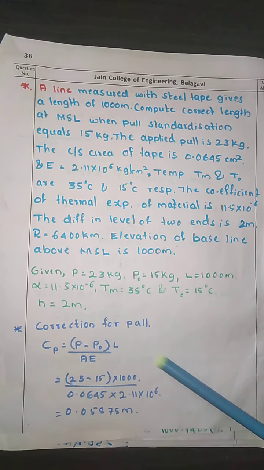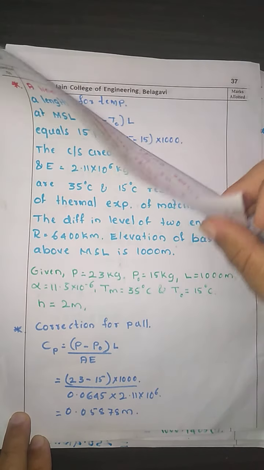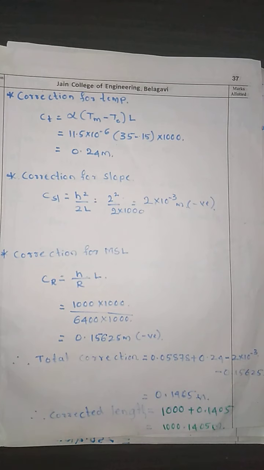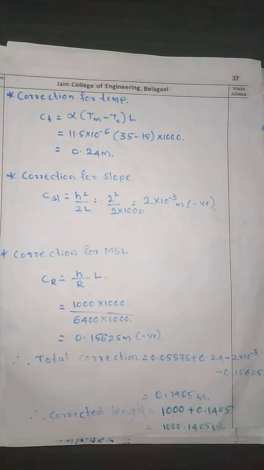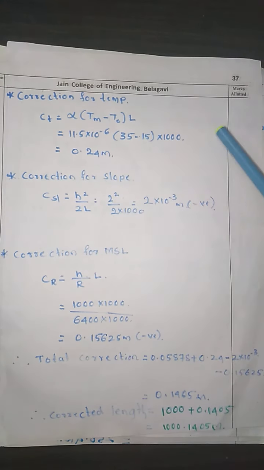If we simplify it, we get the correction for pull as 0.05878 meters. Now the correction for temperature, Ct, is equal to alpha into (Tm minus T naught) into L, that is 11.5 into 10 to the power minus 6, into (35 minus 15), into 1000. If we solve it, we get 0.24.